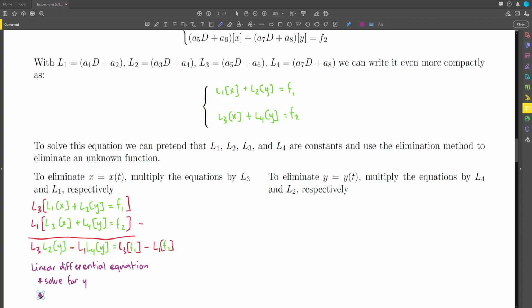And then once you have y, we would plug in that function into one of the original equations and solve for x. So plug in y and solve for x.